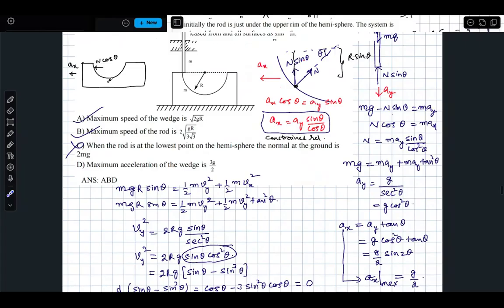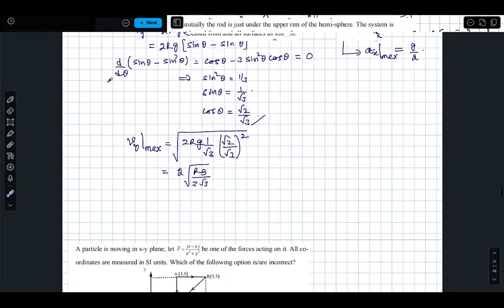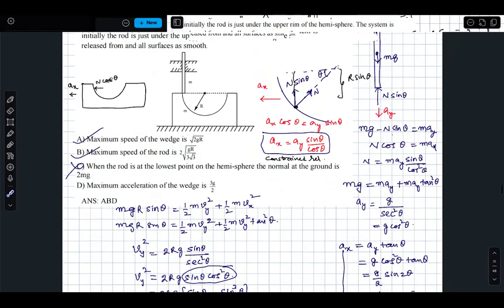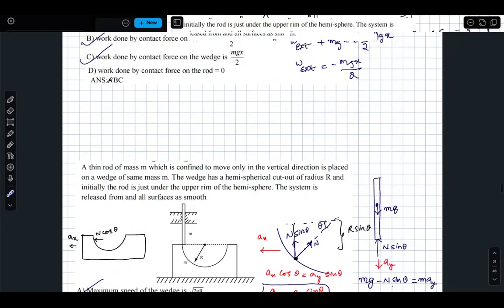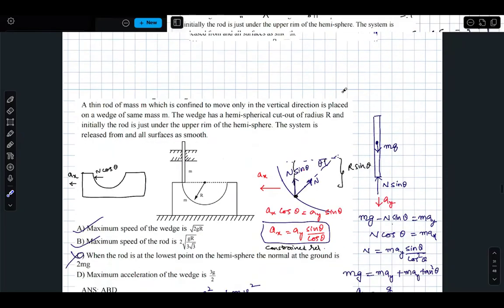So what I have done here is simply the second part of the problem. The loss in potential energy is the gain in KE of the wedge at the Vmax condition.